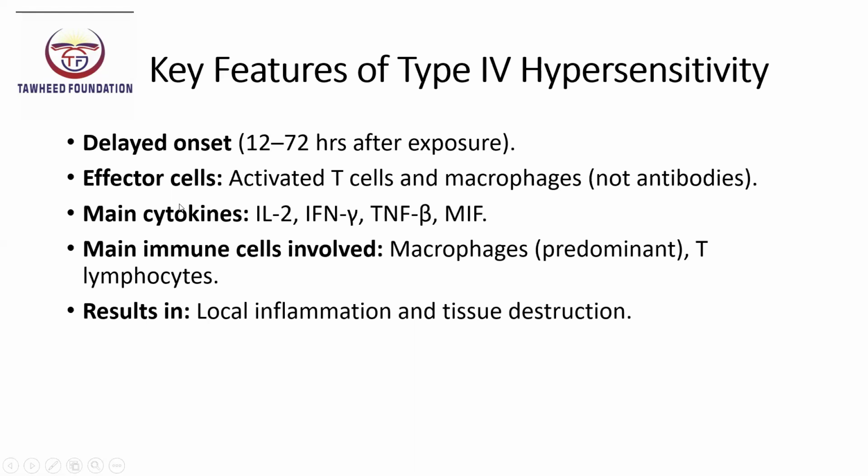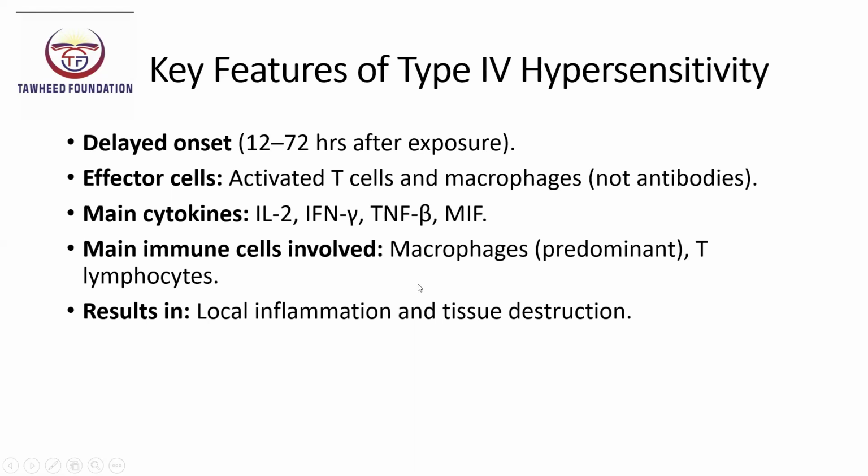The effector cells are primarily activated T cells and macrophages, unlike other hypersensitivities where antibodies play a major role. The key cytokines involved include IL-2, interleukin-2, IFN-gamma, interferon gamma, TNF-beta, and MIF, which help recruit and activate macrophages.